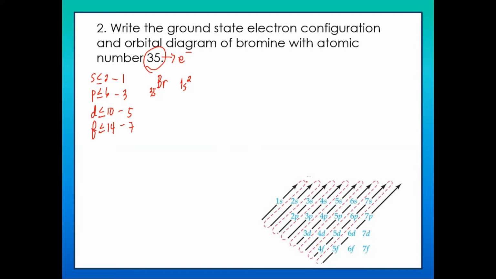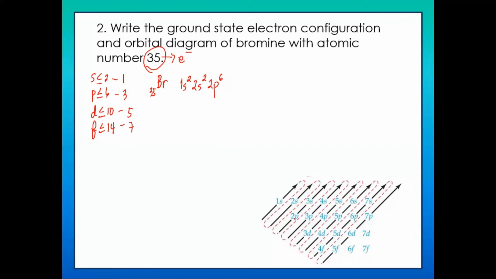Moving on from 1s is 2s. Since s can only have a maximum of 2, we write 2 since we have many electrons to distribute. Moving to 2p, we can write the maximum number of electrons, 6. 2 plus 2 is 4, plus 6 is 10. So, we still have 25 to distribute.